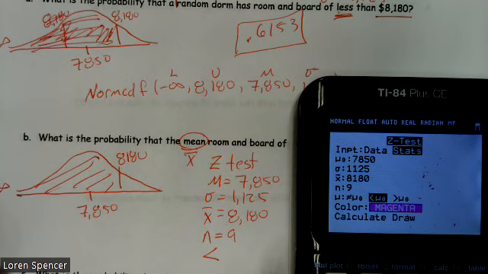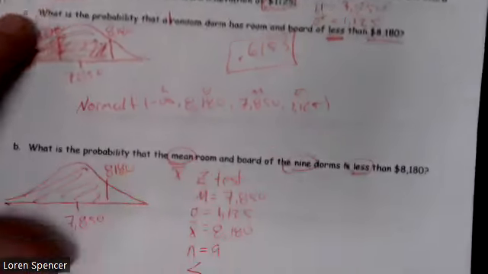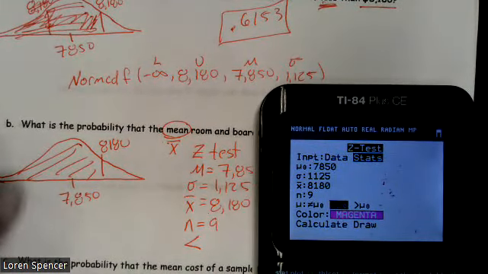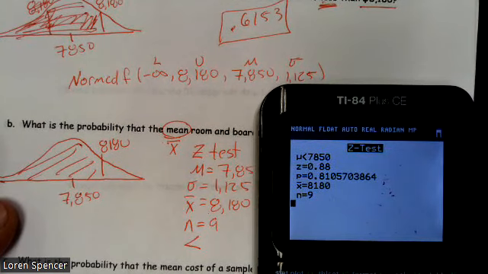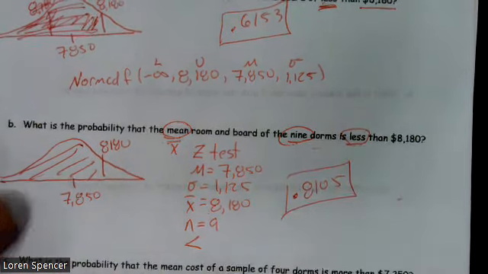We can use a sample of size 9 because it's normally distributed. If it had been skewed, we wouldn't have been able to use it. We would have had to have a sample of size 30. All right, we can press calculate, and we find that 81%, or 0.8105, is our answer.